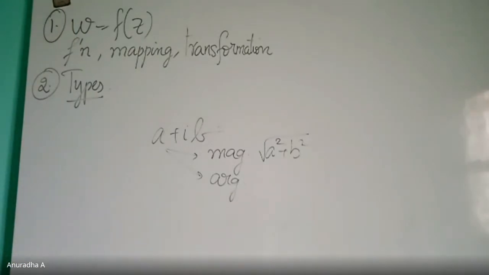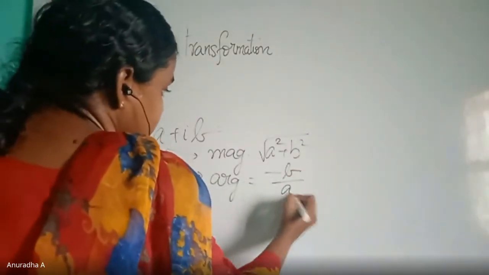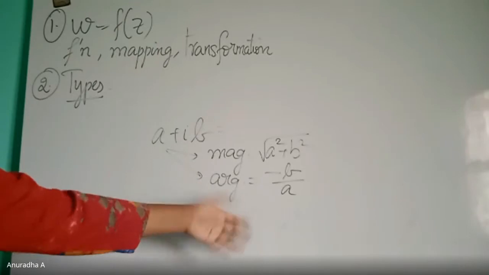So two things we can do. How to find the argument is nothing but minus b by a. So that is the argument.